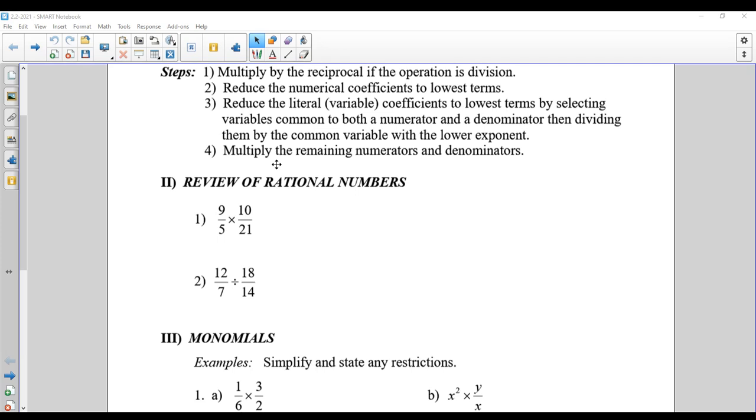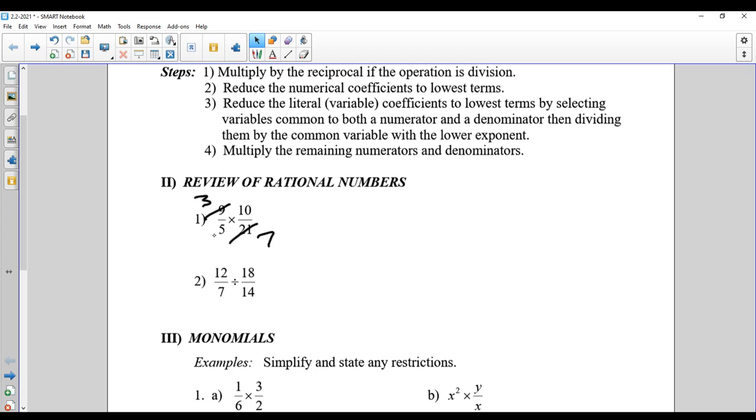So, for instance, what do I mean by that? Since I'm multiplying, I'm going to grab my stylus here. There's a number on top and a number on the bottom that I can divide by 3. Even though it's on top of a different number, as long as one is on top and one is on the bottom, I can reduce that down. So I'm going to divide this 9 by 3, which gives me 3, and divide the 21 by 3, which gives me 7.